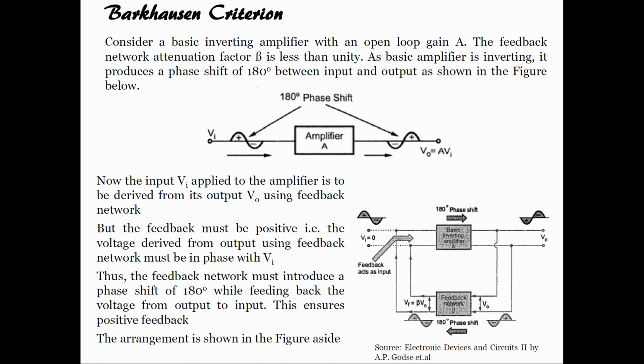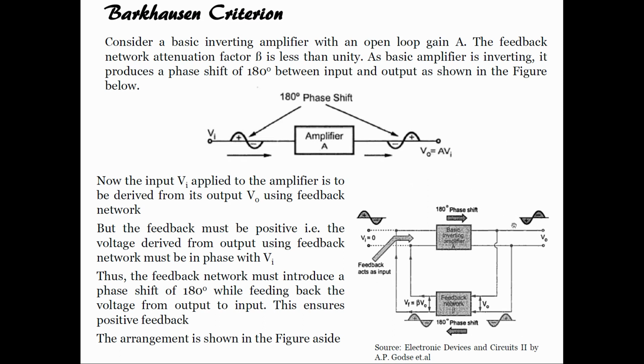So, the feedback must be positive; the voltage derived from the output using the feedback network must be in phase with Vi. Thus, if I use an inverting amplifier, as you can see here, the signal here has a 180 degree phase shift compared to the input signal.